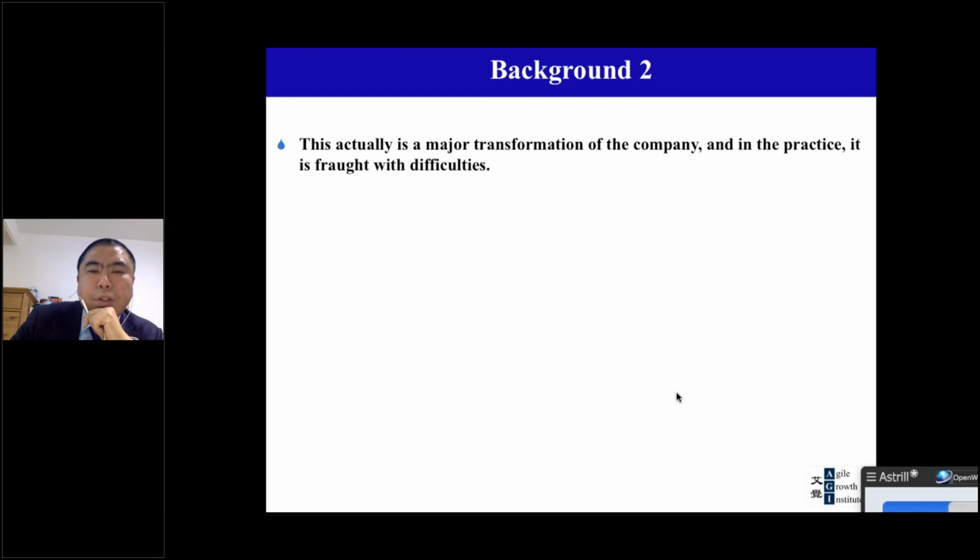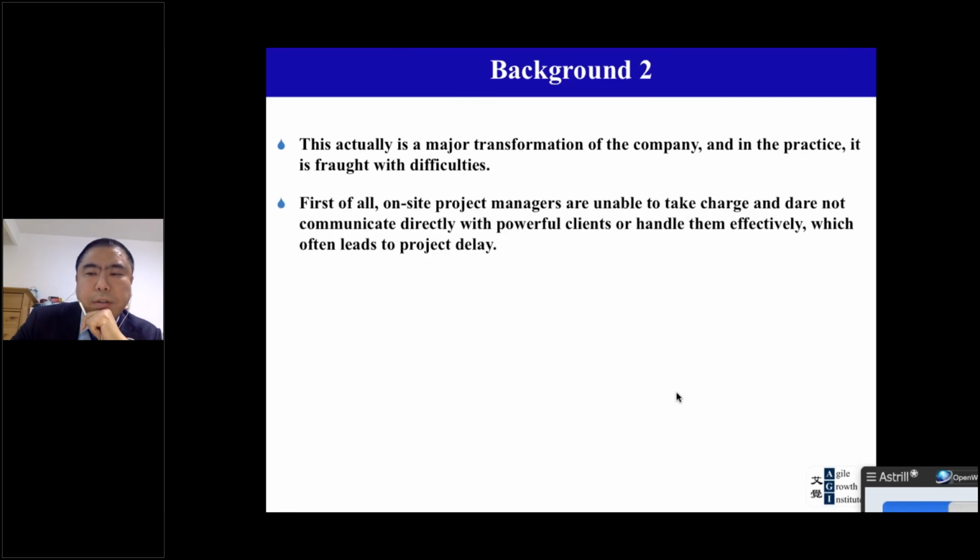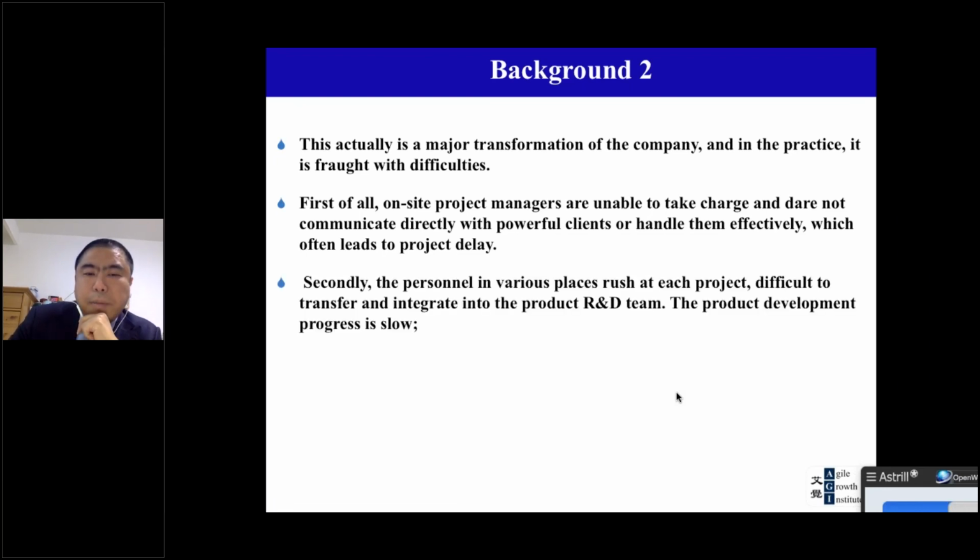This actually is a major transformation of the company, and in practice, it is fraught with difficulties. First of all, on-site project managers are unable to take charge and dare not communicate directly with the powerful clients or handle them effectively, which often leads to project delay. Secondly, the personnel in various places rush at each project, difficult to transfer and integrate into the product R&D team.